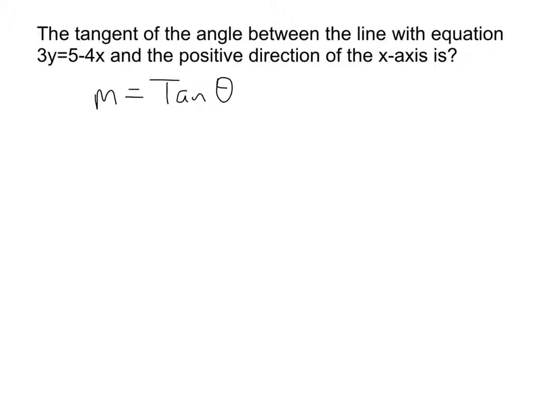So the tangent that it's asking for is just tan theta, which is just m. So what we need to do is rearrange our equation so that we can find out what the gradient is. So we have 3y equals 5 minus 4x, or I'll write it as minus 4x plus 5.